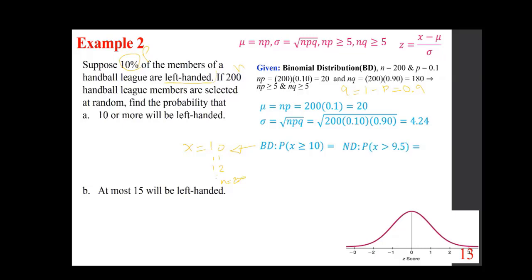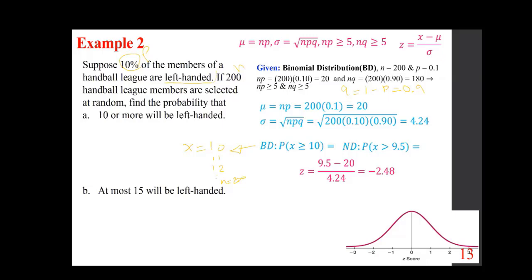All right, so now what we have is a normal distribution, and we said we need 9.5. So as we can see at the top, z equals x minus mu over sigma. So we replace the x with 9.5. In the previous step, we have already calculated mu and sigma. Therefore, we can easily calculate the z-score, negative 2.48.